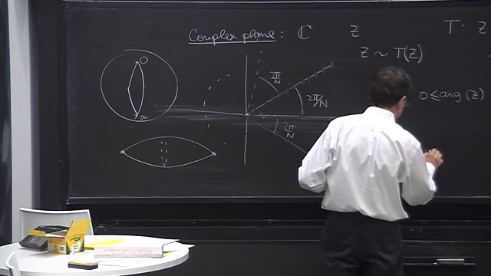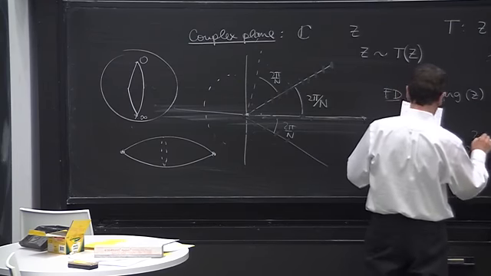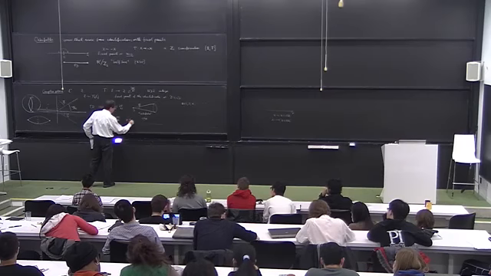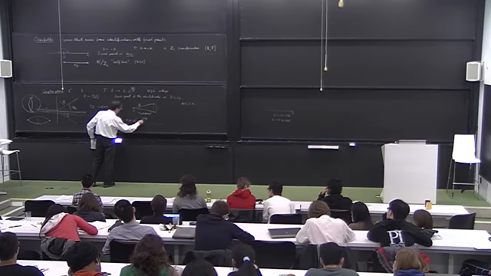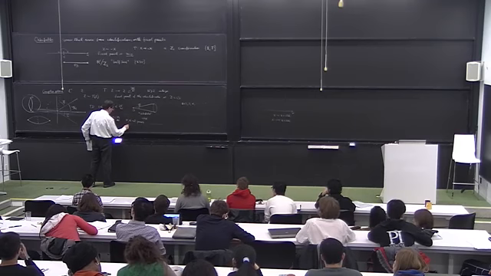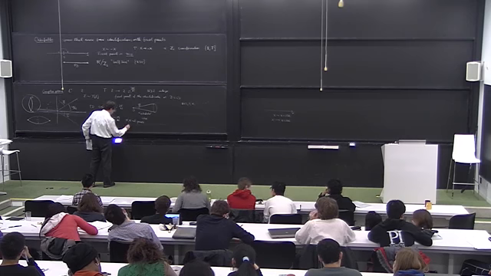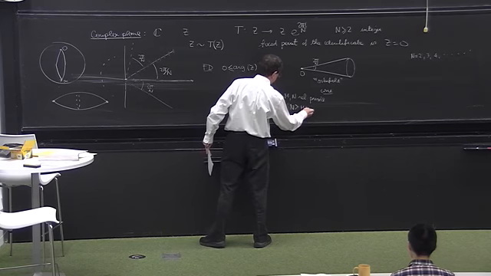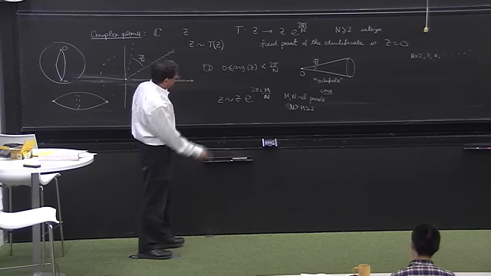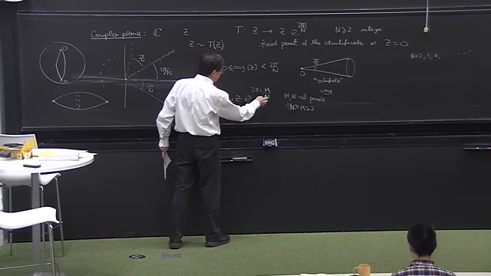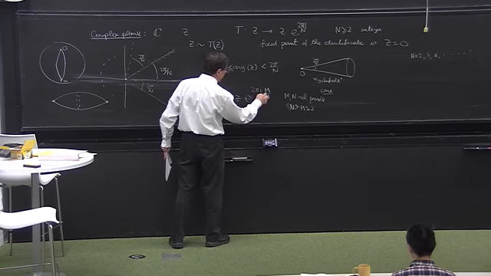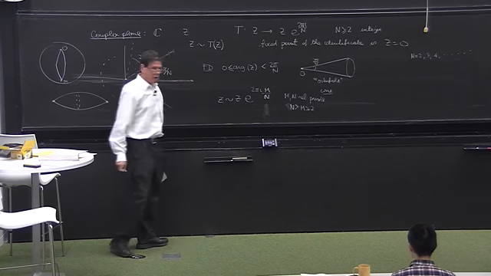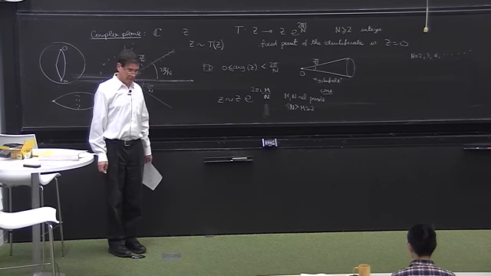How about z identified with z times e to the 2 pi i m over n, where m and n are relatively prime, and n is greater than m, which is greater than or equal to 2? So instead of having n equals 7 and 2 pi i over 7, what if you have 3 over 7 or something like that? Do you get more cones or don't you? What do you get?